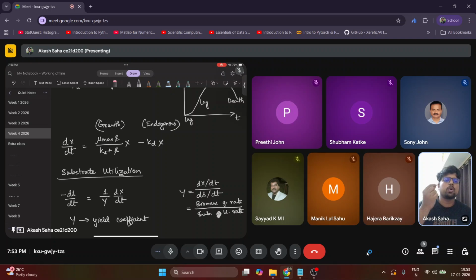Suppose I give 1 gram of glucose or 1 gram of BOD to my system. For 1 gram of glucose provided, the biomass that is getting generated is 2 grams. So my yield coefficient will be 2 by 1, that is 2. That's what is meant by yield coefficient.